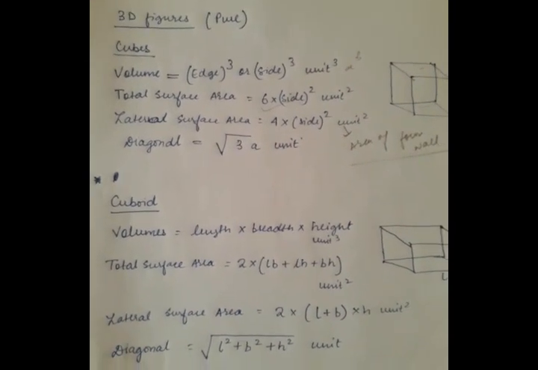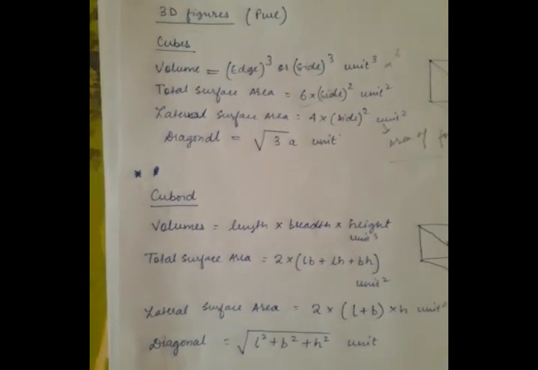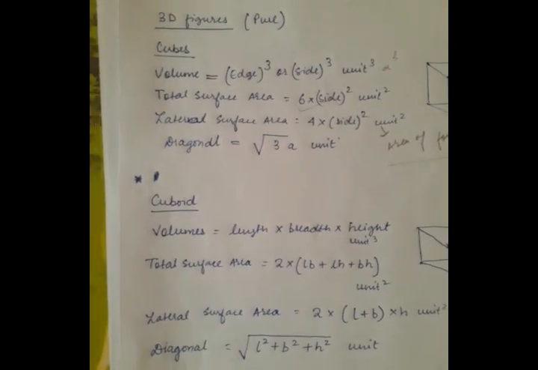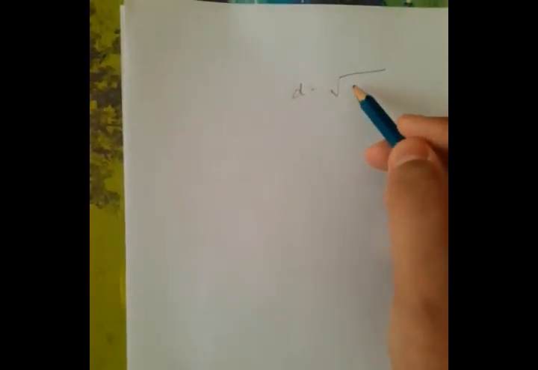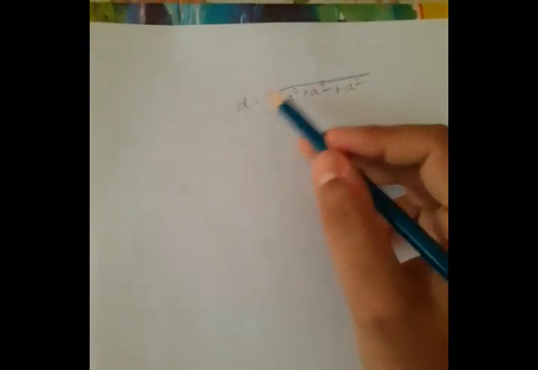That is the formula. And what is this diagonal, root 3 a? Let us remember that the diagonal we used to find out was root of a square plus a square, but here an additional dimension is being added, so that is why we have to take the square and their root over also.